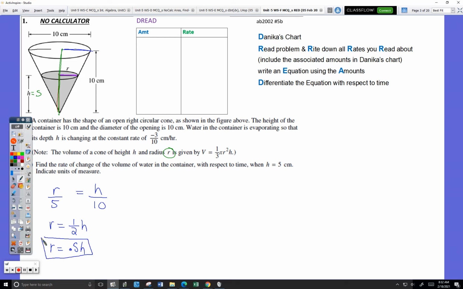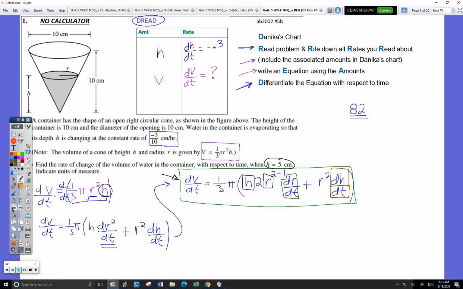So now we know how to find the radius. For the equation we had right here, we can plug in place of r half the height, so we plug in 2.5.